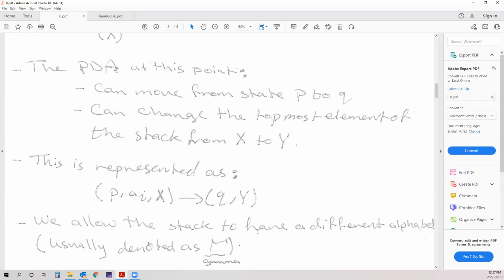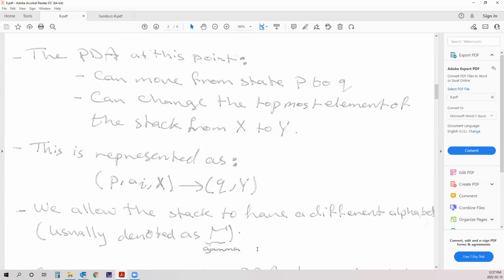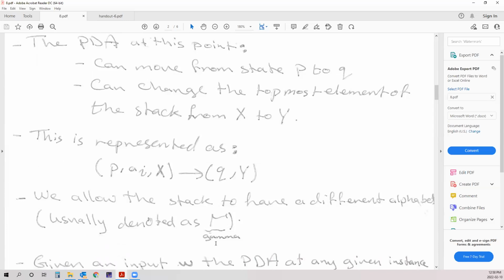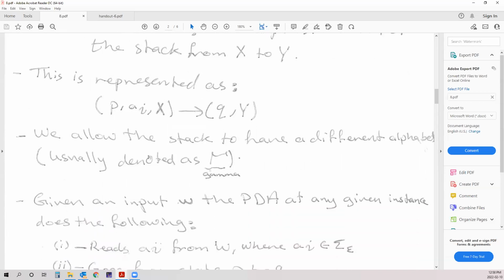We allow the stack to have a different alphabet, usually denoted by gamma. It's gamma, the capital letter, like in English, capital and small letters. The small letter is the gamma we know, but the capital letter is represented like this.